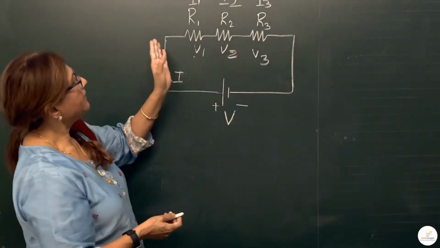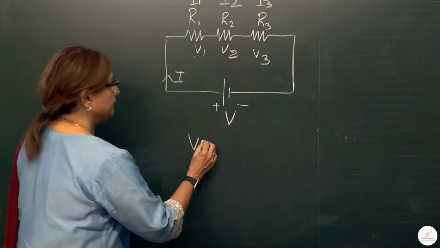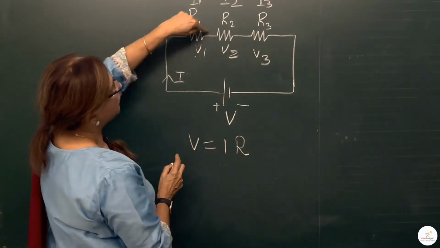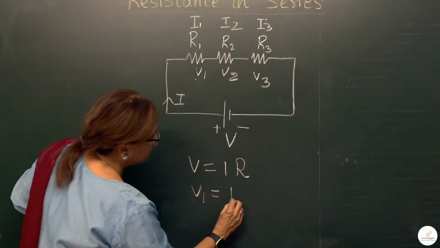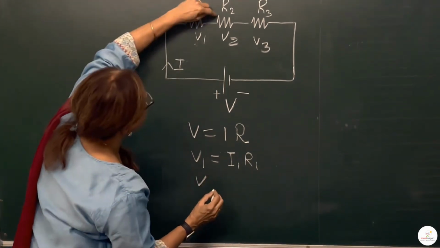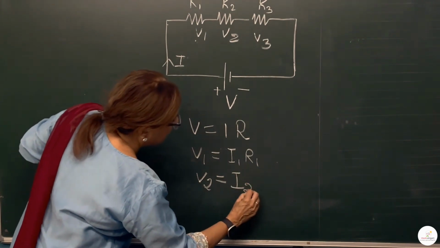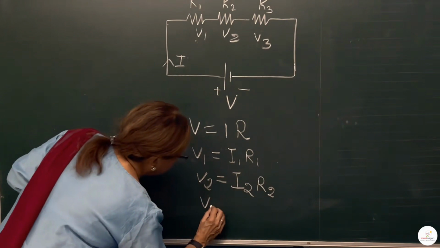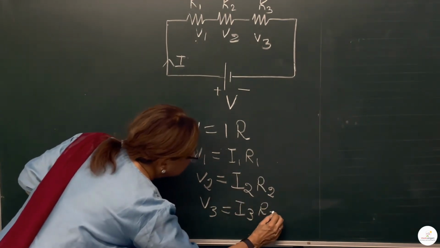So Ohm's law can be applied to all the individual resistors, and Ohm's law says V is equal to IR. So for resistor R1, it will be V1 is equal to I1 R1. For the second resistor R2, it will be V2 equals I2 R2, and for resistor 3, it will be V3 equals I3 R3.